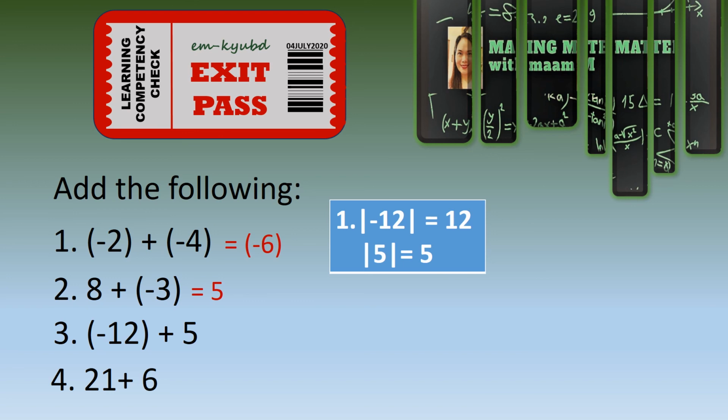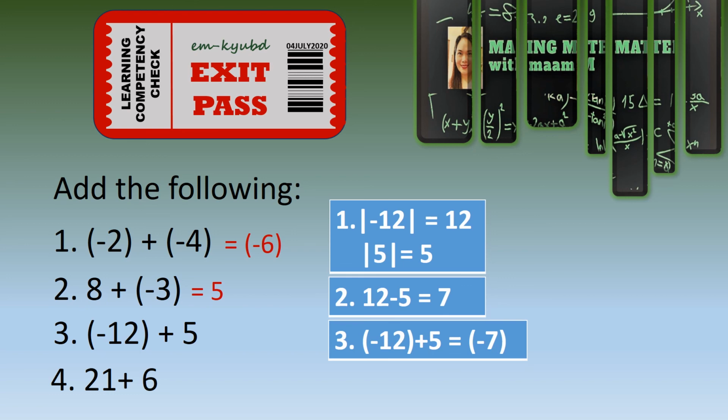Step 2, subtract. 12 minus 5 is equal to 7. Step 3, follow the sign of the bigger number. Which is bigger? It is 12. What is the sign of 12? It is negative. Therefore, negative 12 plus 5 is equal to negative 7.